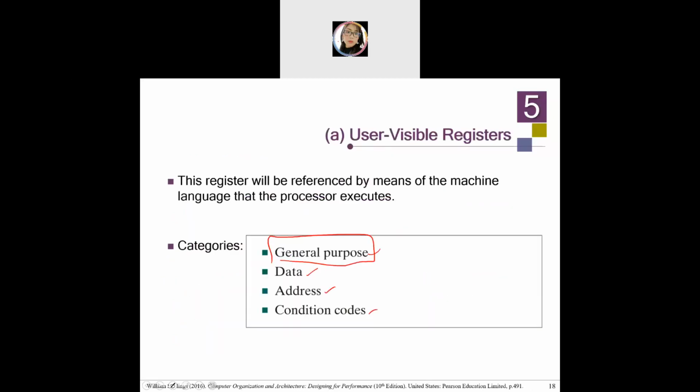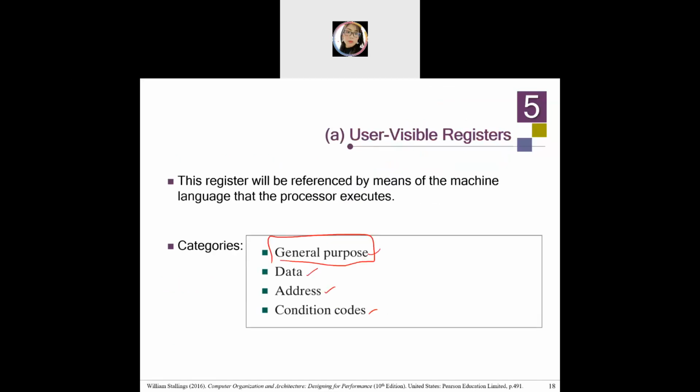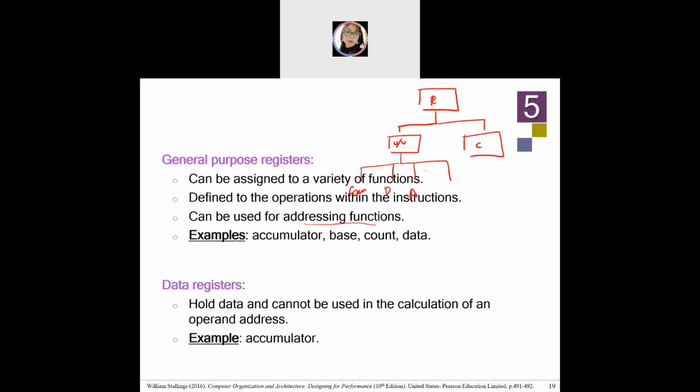So you have a register. It is divided into user visible and another one, control, and here you can divide it into general, and then data register. What else? Address, and lastly, the condition code.